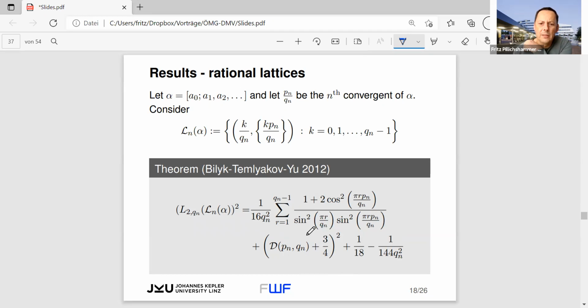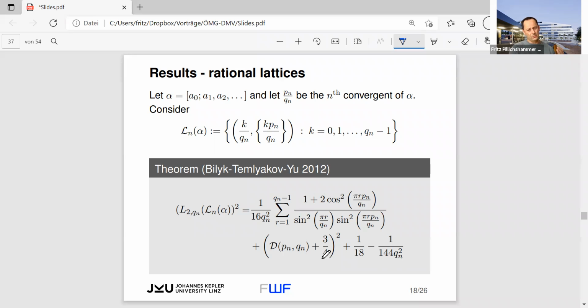Everything is explicit here. We have here 1 over Qn squared essentially. Then we have a finite sum, r goes from 1 to Qn minus 1, of this trigonometric term here, depending on Pn over Qn. This D of Pn and Qn is an inhomogeneous Dedekind sum. I don't want to give the exact definition, but also this is a finite sum of Qn minus 1 many terms. So really everything is explicit, and the formula can be computed explicitly for any instance of Pn and Qn.